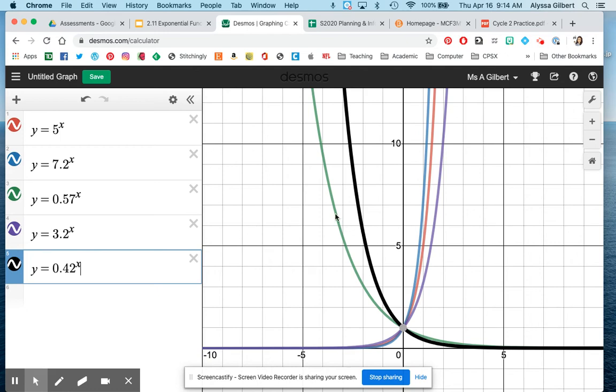And the green is 0.57. So you notice these that are going up, because remember we always read graphs from the left to the right. Those that are going up, those are growth. So which ones are those? So that's the blue one, the red one, and the purple one. And what do you notice about all those numbers? They are bigger than 1.